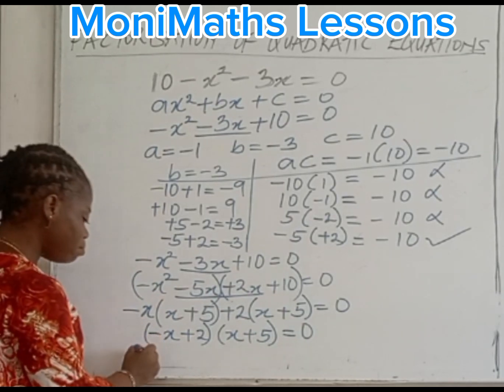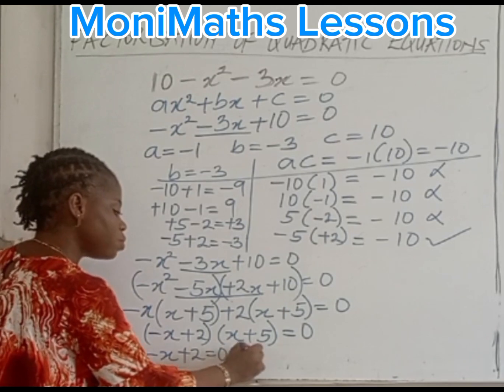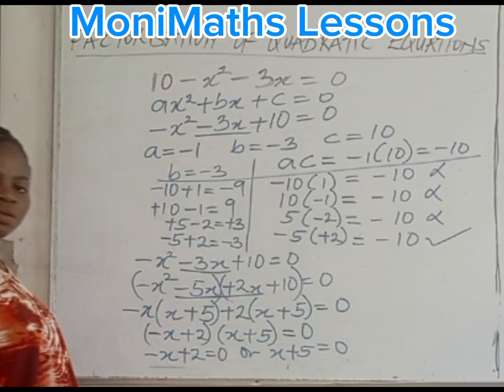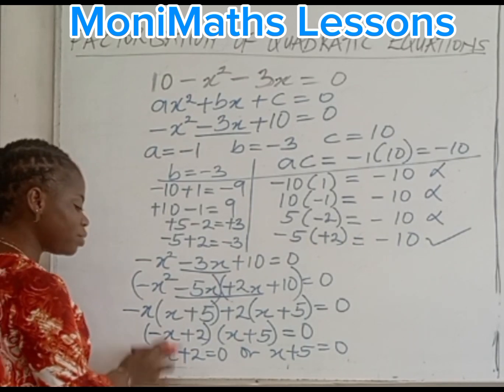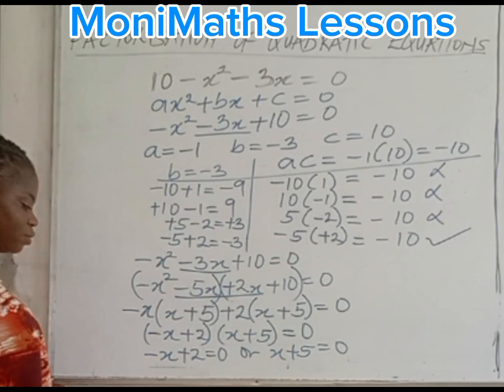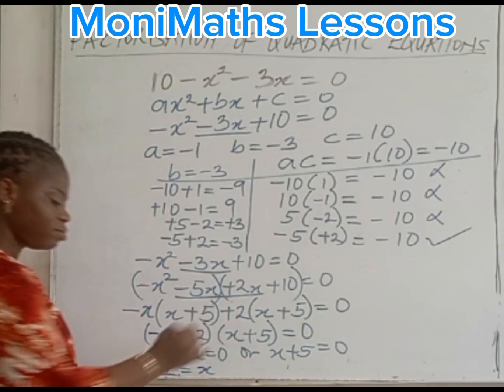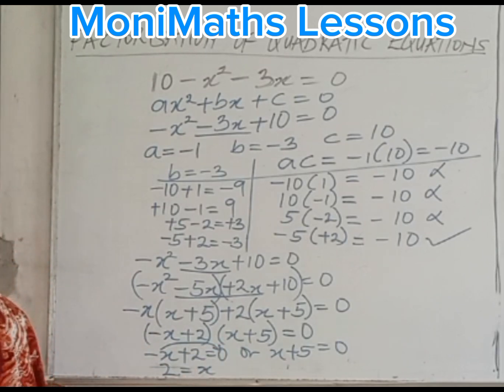This means minus x plus 2 is equal to 0, or x plus 5 is equal to 0. Solving for x now, I can decide to bring my minus x outside, so that I have 2 is equal to x. When I bring the minus x outside, it becomes positive x.